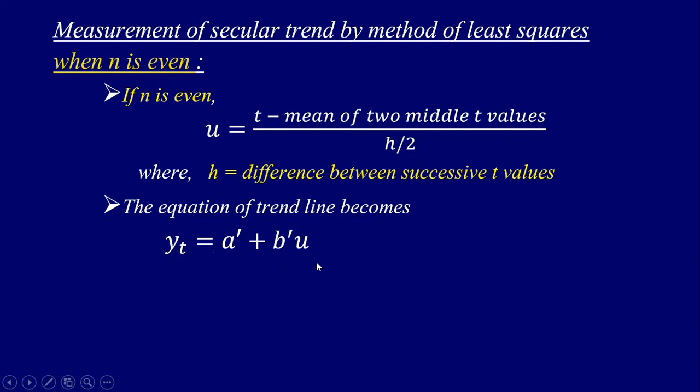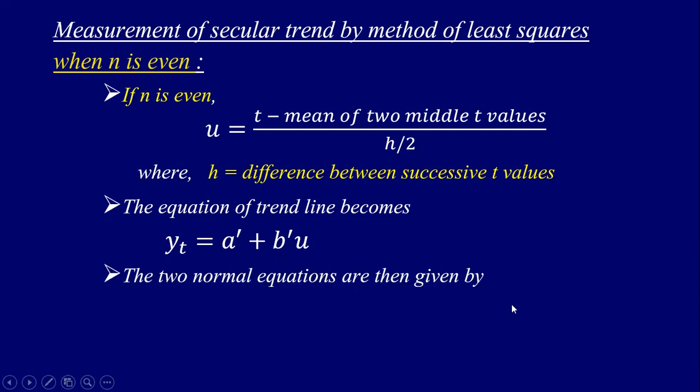Now to write the equation of the trend line, we require these two values, a dash and b dash. Since these are two unknowns, to find them we require two equations containing a dash and b dash, and these are known as normal equations.